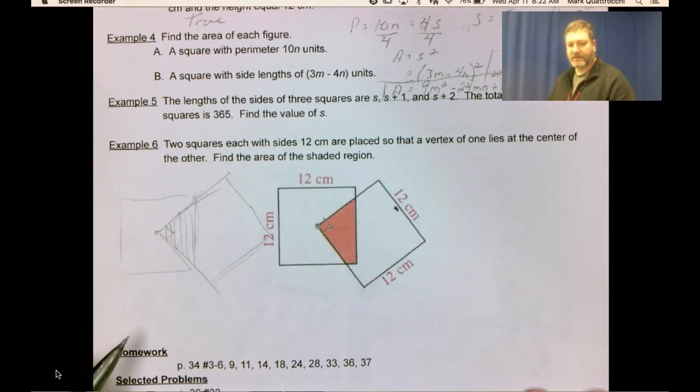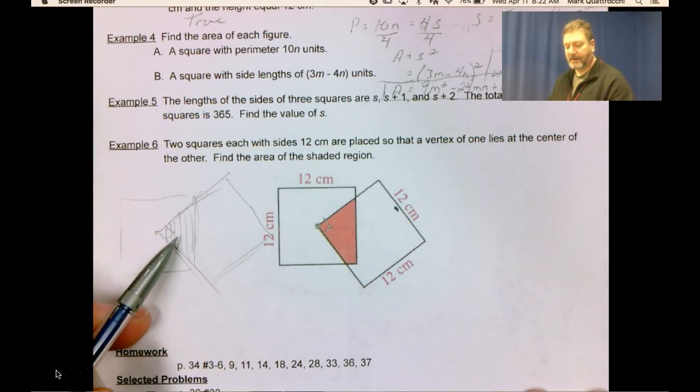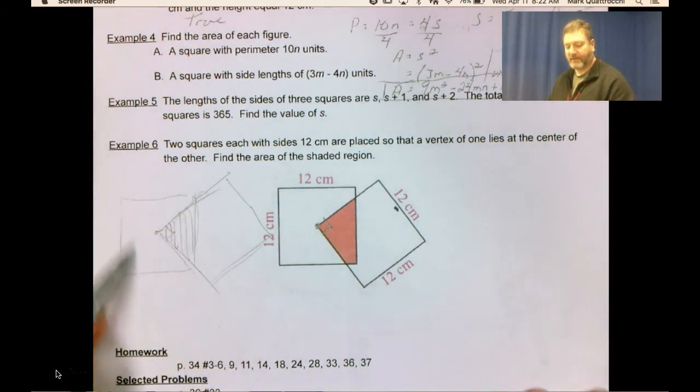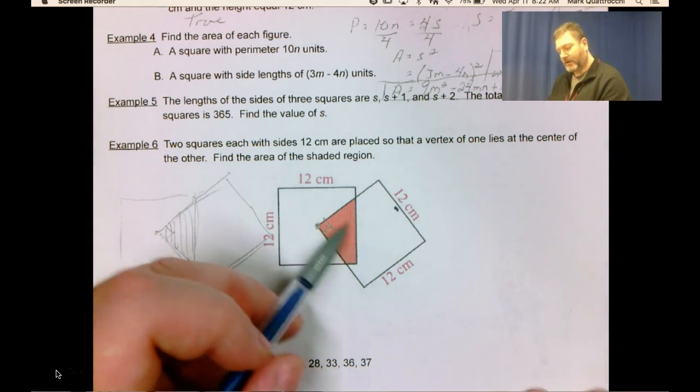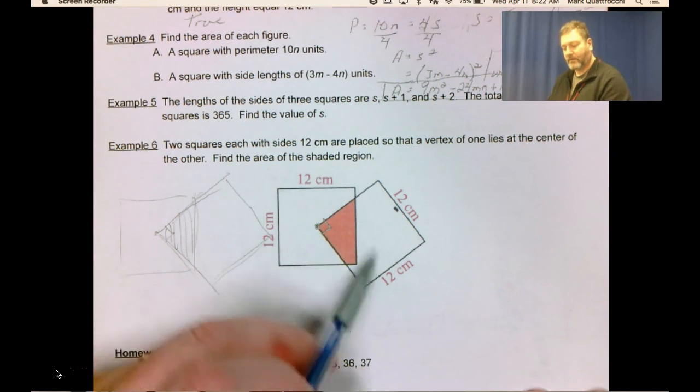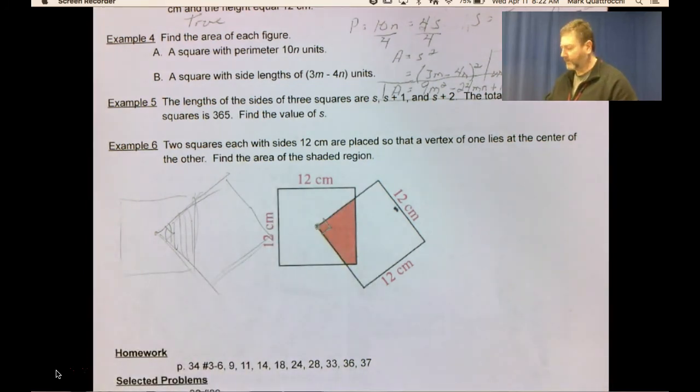And my quick sketch may be a little hard to see, but this is 1/4 of this area. This shaded region here is 1/4 of this square. And the square's area is 144.